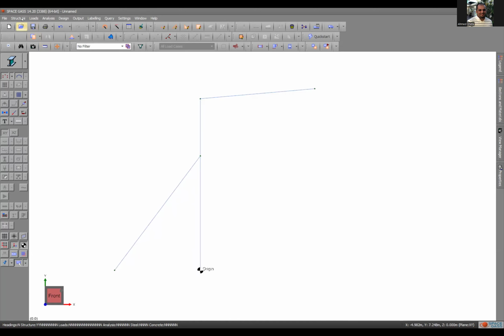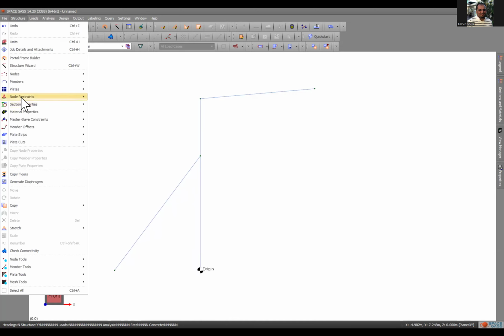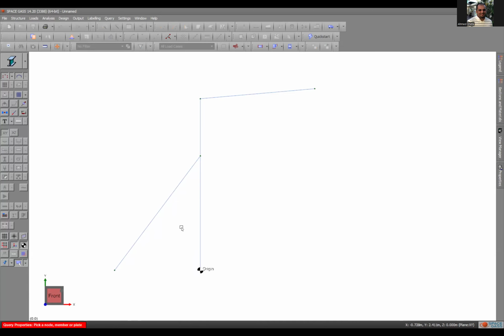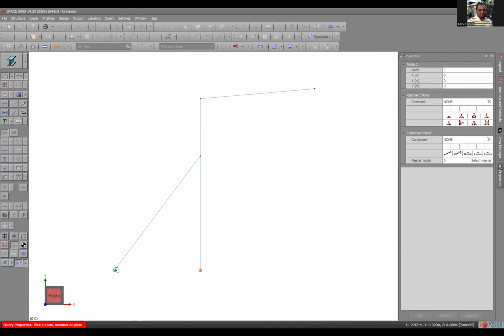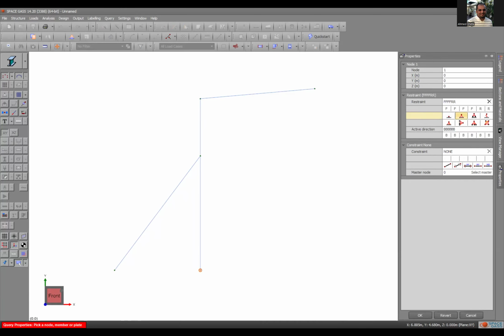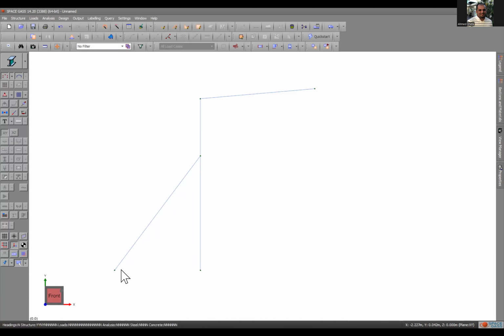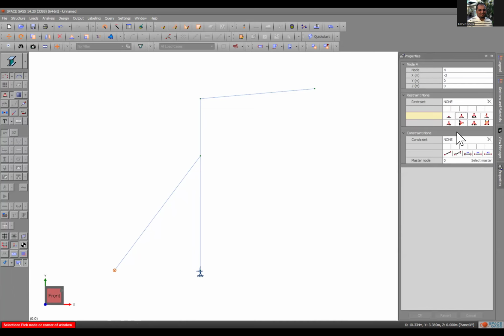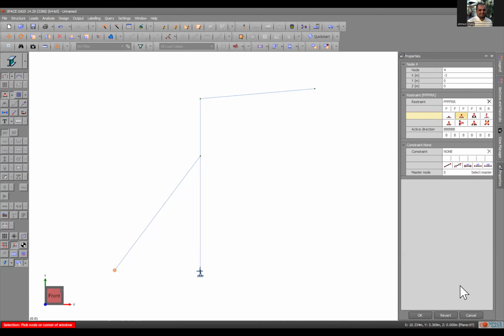The next is to assign the node restraints or the supports. Here we have a hinged support and a hinged support here. So this needs to be hinge, apply, and you can show the support restraint from here. So this is hinge. Here also we have hinge. So from properties, hinge, apply.